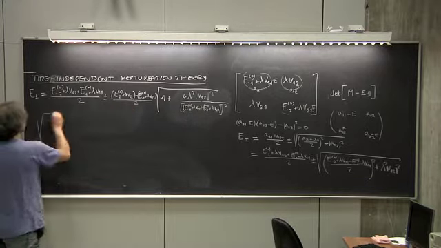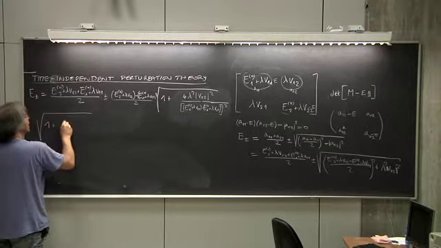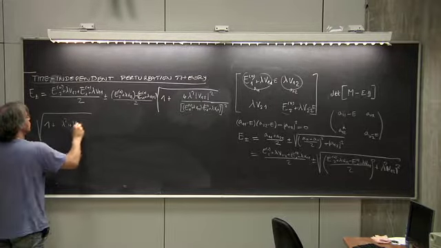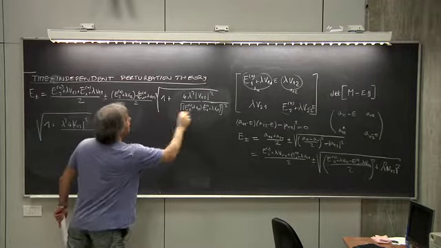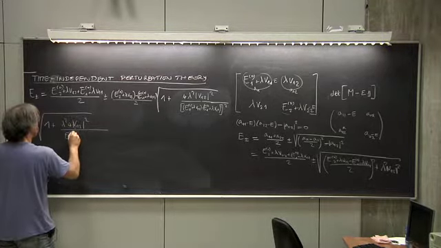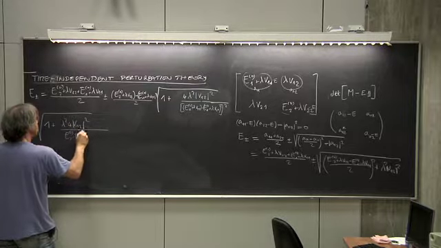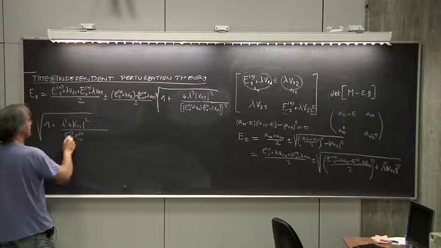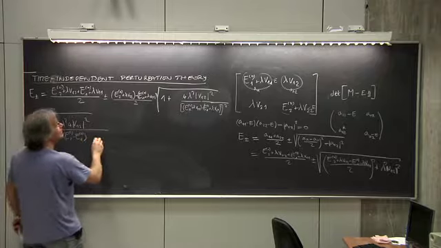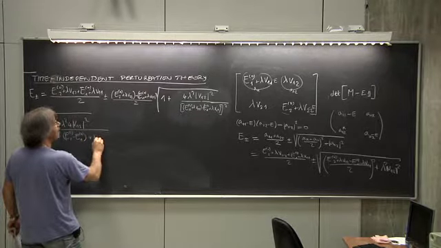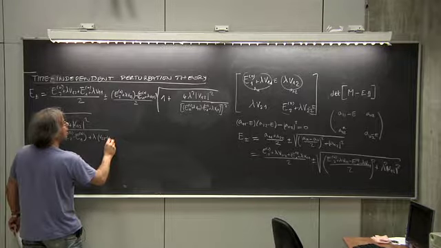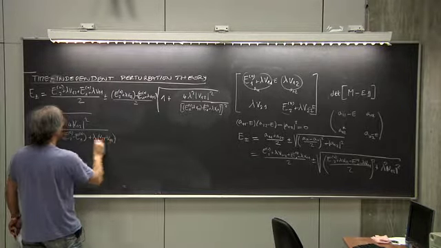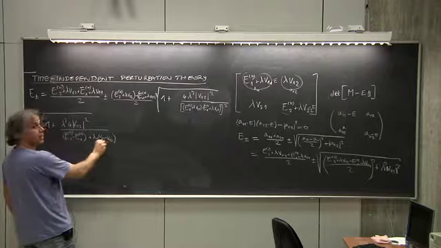So in principle, that thing is 1 plus lambda square, which multiplies 4 V12 square, divided by, let's see, I have E02 minus E01, okay, plus lambda V22 minus V11, and the whole thing is squared, okay?